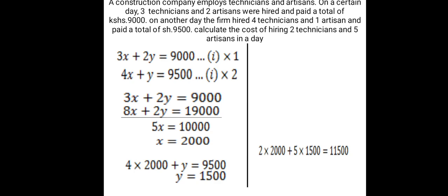So 2 times 2,000 plus the cost of hiring 5 artisans. One artisan is paid 1,500. So 5 times 1,500. When you add 2,000 times 2 plus 5 times 1,500, you get the cost of hiring two technicians and five artisans in a day is 11,500.